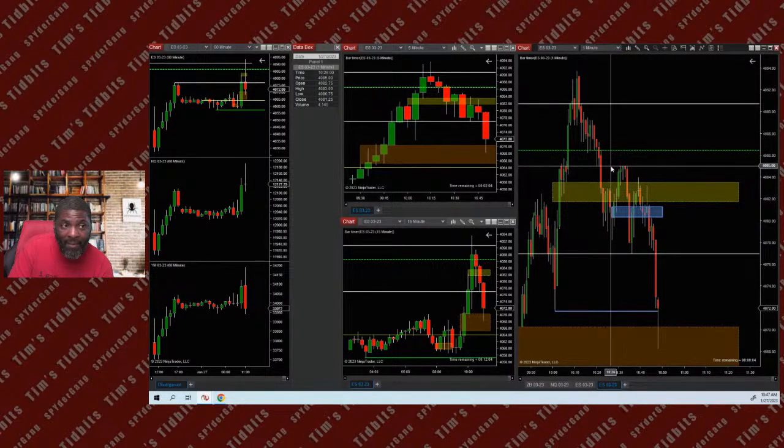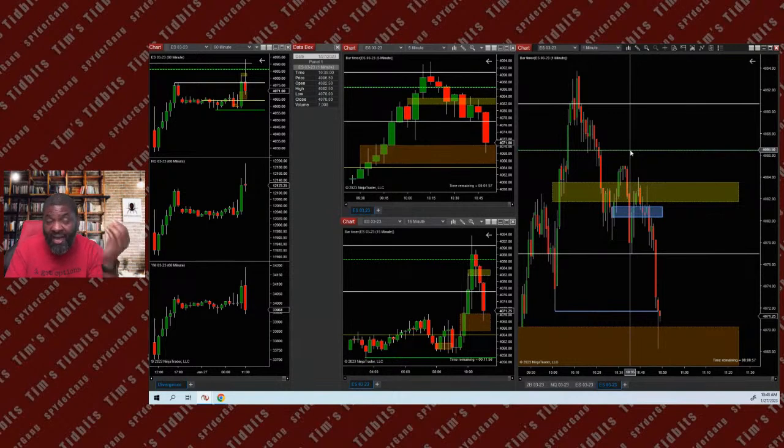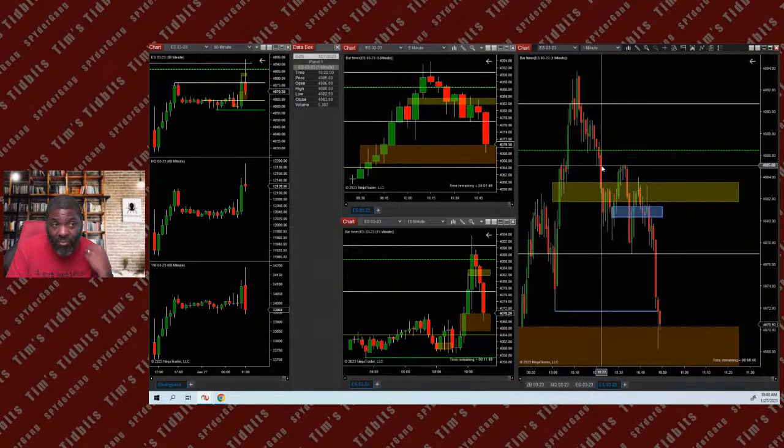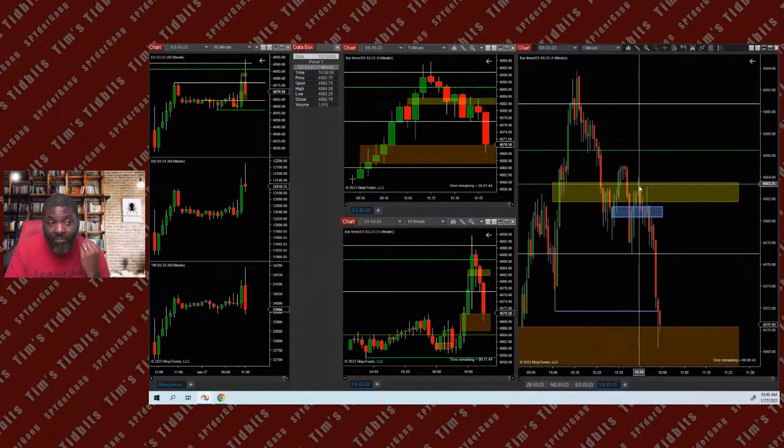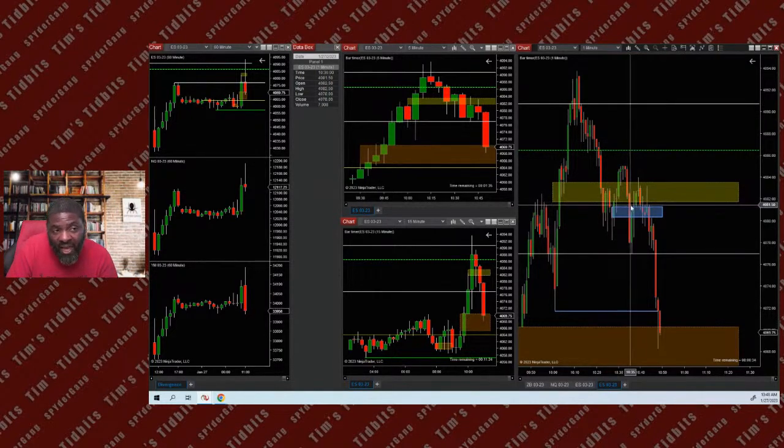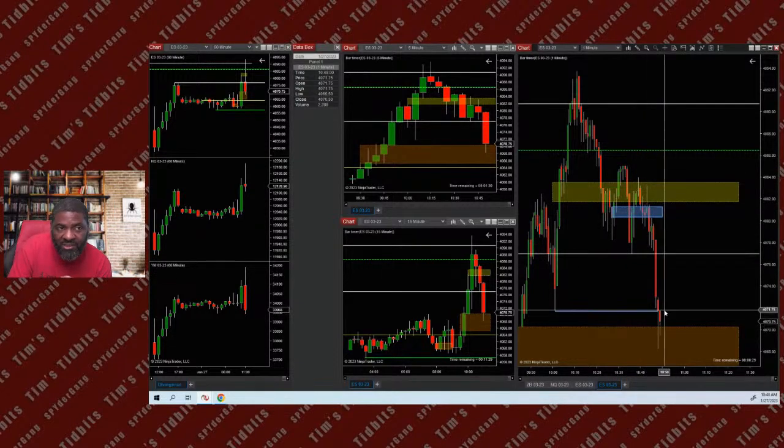I didn't want this touched to continue down, but he was still targeting the high of the SIBI. This was the break of his bearishness, and this right here was the break of my bearishness. But once it started going down, I put some extra rules on it. Actually, if you would have gone short at this one right here and given it to the high, it would have been a safe short.